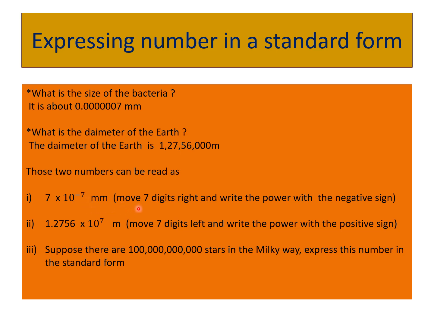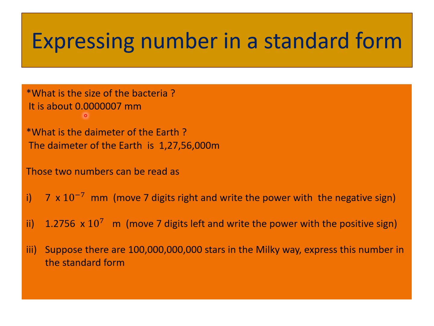How? Move 7 digits right and write the power with the negative sign. Children, observe here. I want one whole number times the exponent, that is, in the power form. So 0.0000007 can be written as 7. First I have written the number 7, where I am moving the point to the right. First I have pointed here where the point is.